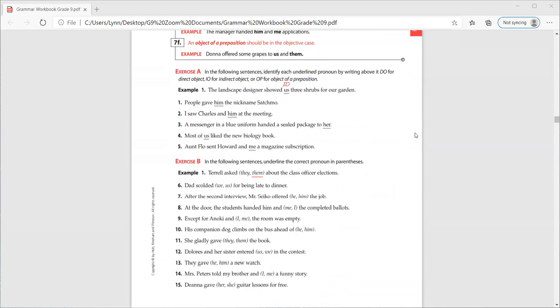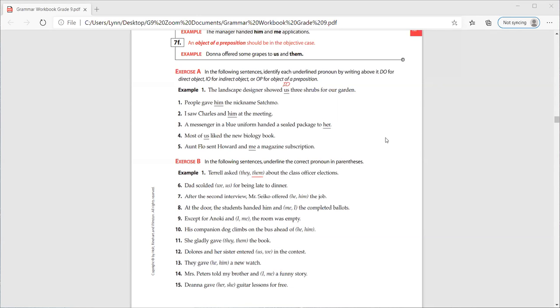Mahi, can you do 1 through 5, please? Okay. Number 1, people gave him the nickname Satchmo. Him is going to be direct object. Okay.